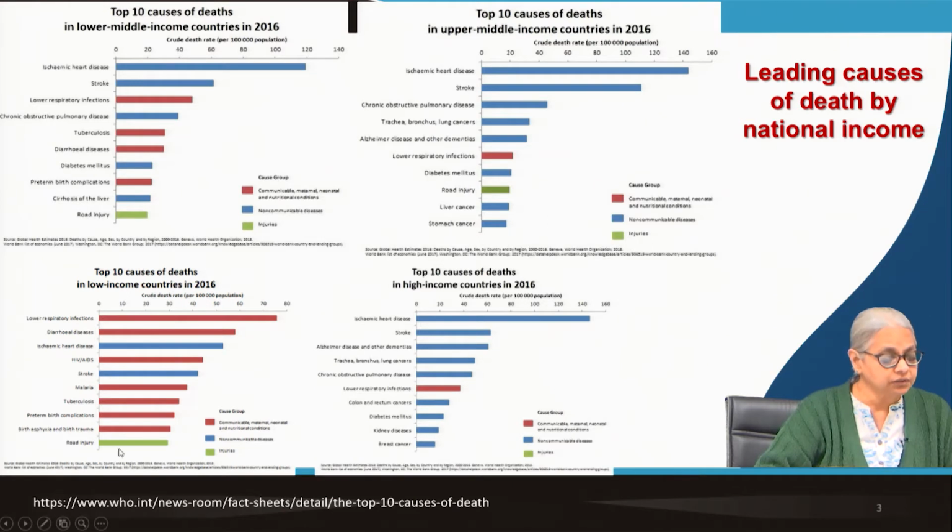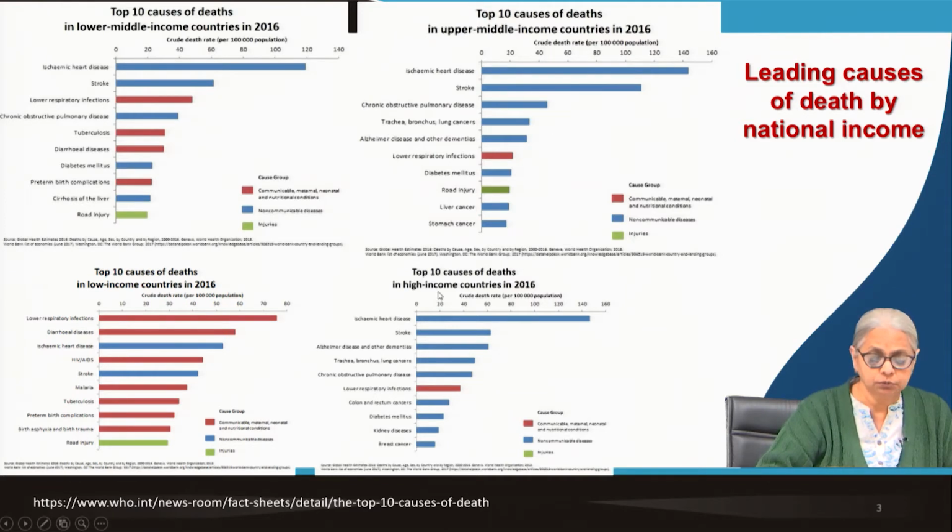So you can see the difference: low income, lower middle income, upper middle income, lower respiratory infections are the only category that is still there in the top 10 causes of death, and that is related again to bacterial and viral infections.